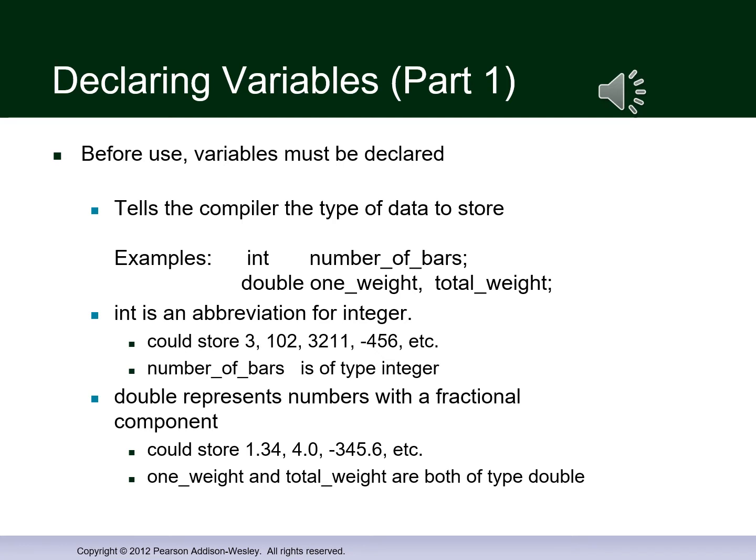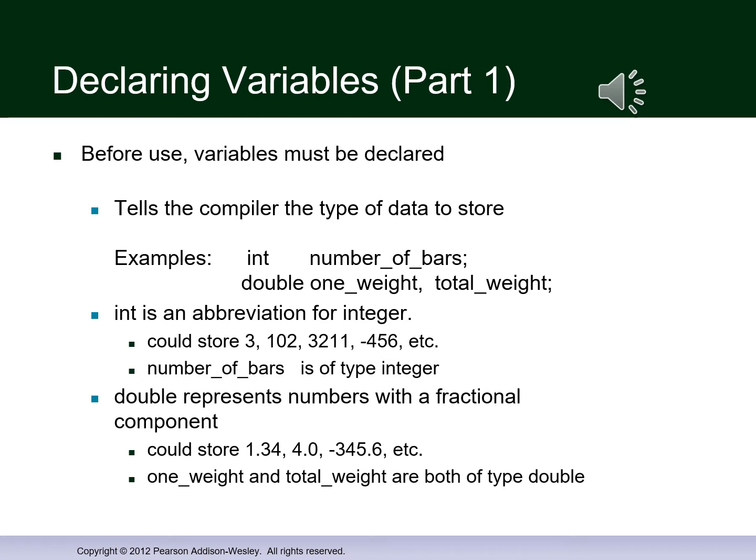Here's the example I just mentioned. int numberOfBars is a variable that will store only integer numbers. So if I try to put 55.7 into numberOfBars, it will be truncated to 55, which is not a good thing. double oneWeight, totalWeight will hold numbers with fractional components.